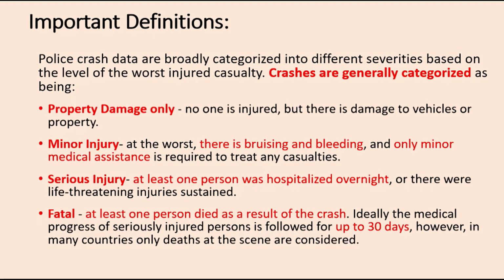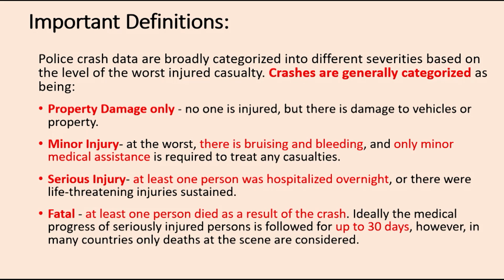Normally the accident is reported in these 4 categories. Property damage, where only the vehicle gets damaged. Minor injury, where only minor bruising or bleeding occurs and minor medical assistance is required. Then serious injury, where at least one person is hospitalized overnight, that is how they define it.